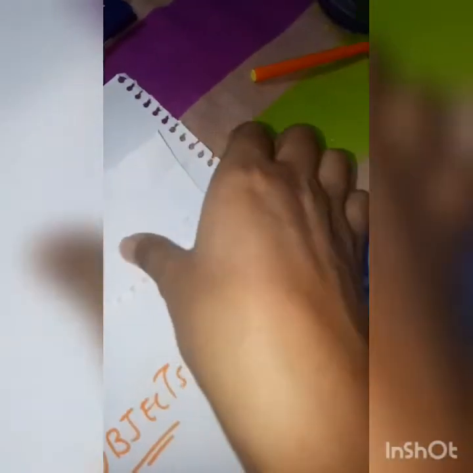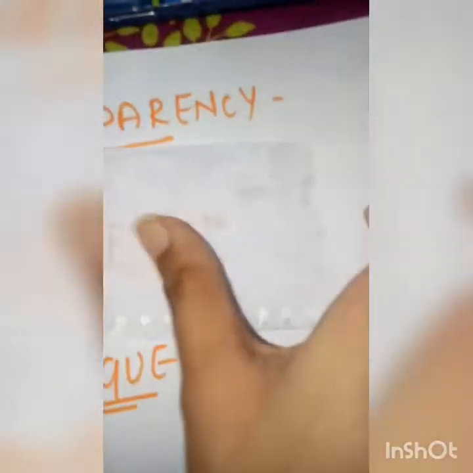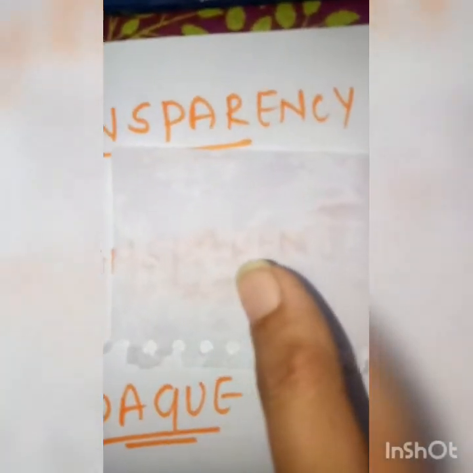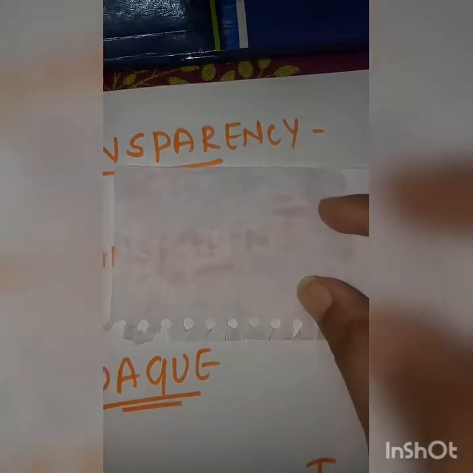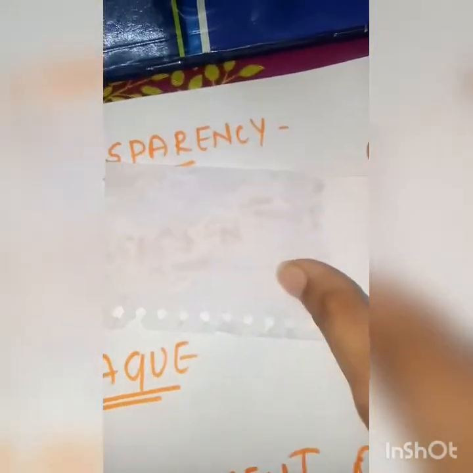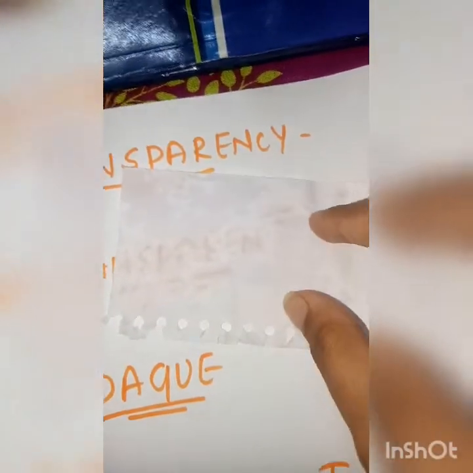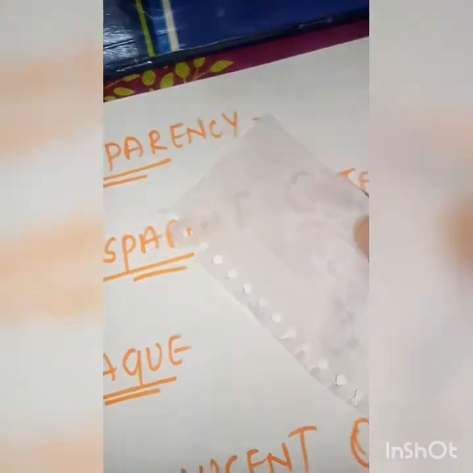Now I have dipped one end in the oil, as we were not able to see, and then see, are you able to see? We are able to see slightly, not clearly, but slightly. We had taken a sheet of paper through which we were not able to see properly, but when I dipped it in the oil, we are able to see, right?